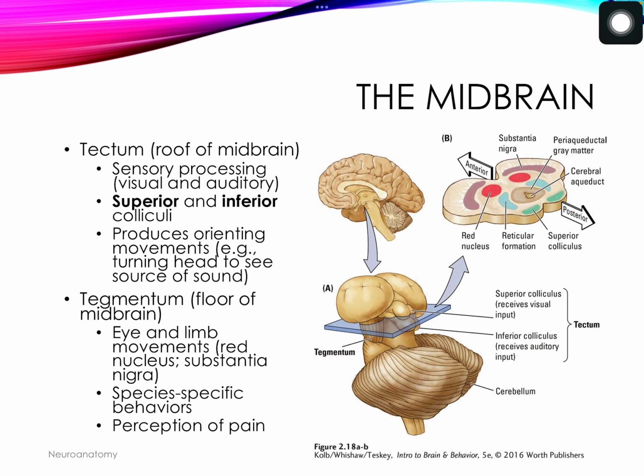And I've got even more information here about the different structures. You can see that this is really important for the tectum, which includes the superior colliculus, inferior colliculus here. And then you can see the red nucleus and reticular formation, for example, which is important in the tegmentum.